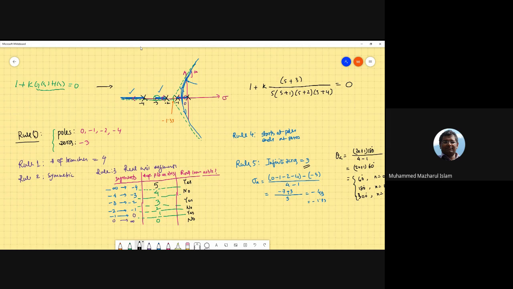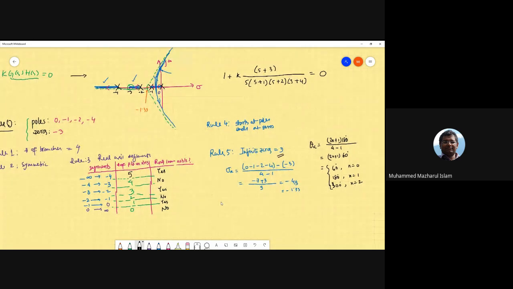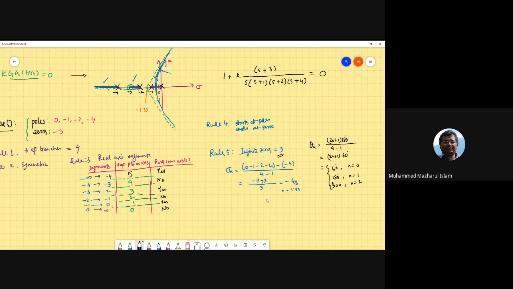Rule number 5 calculates the real axis intercept of the asymptotes and the angles. The intercept point is always a single point. The angle will be different. As I said in my last class, calculate only the number of angles required to cover for the absence of zeros or poles.